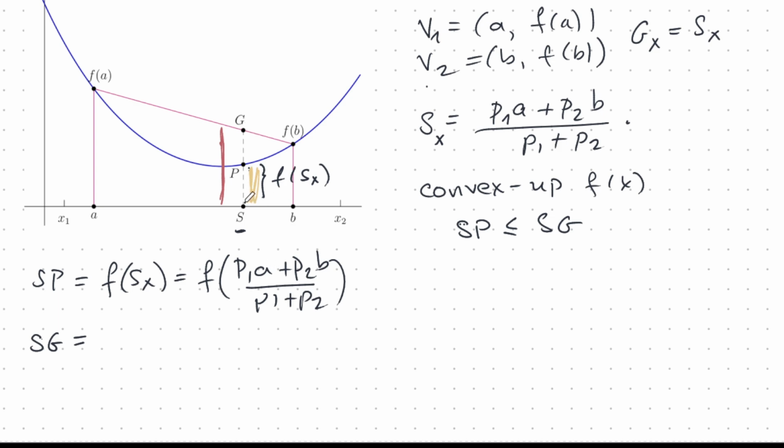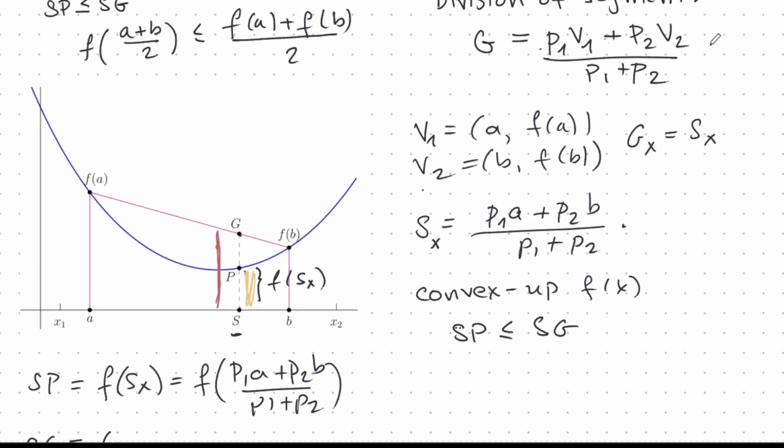The length from here to here is the y component of G. And what is the y component of G? Well, we can work it out from this expression here, and we know this.